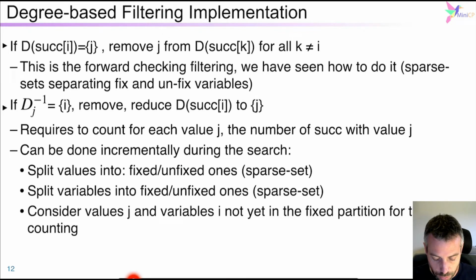You can use a sparse set for that, and you only consider the values j and the variables i not yet in the fixed partition for the counting. And once you realize that you have a count of exactly 1 for some city, you can fix the successor of the incoming variable that has this specific value j inside the domain.